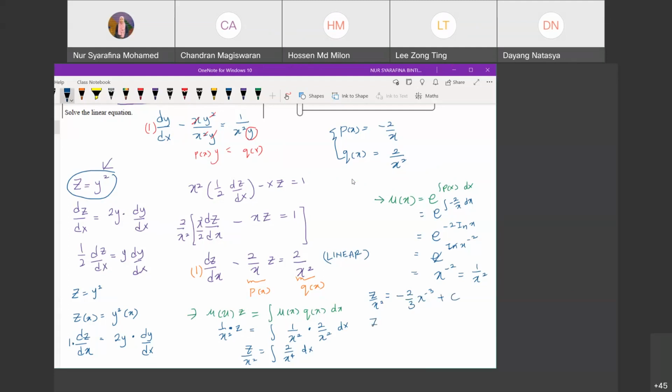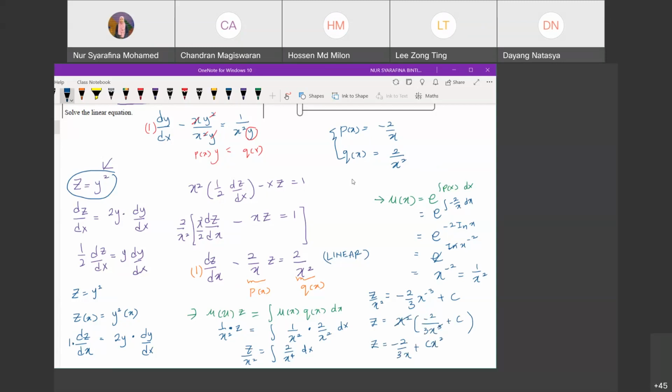So z equals minus 2 over 3x plus cx squared.